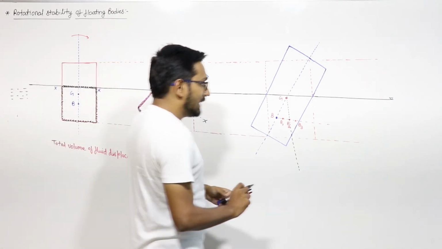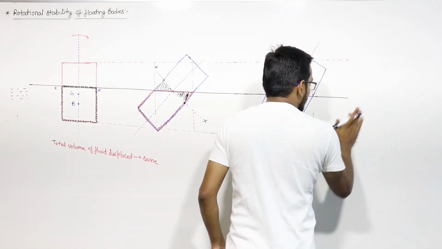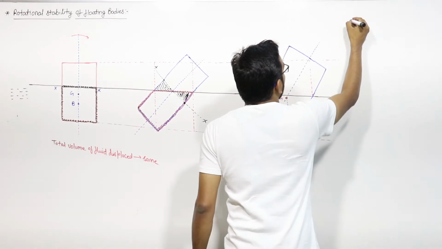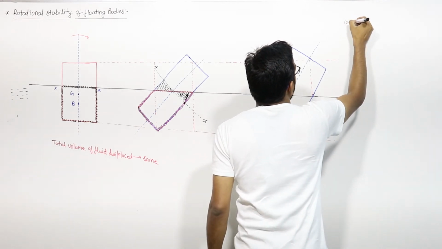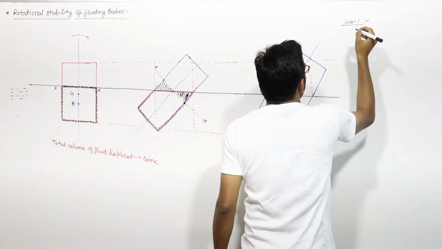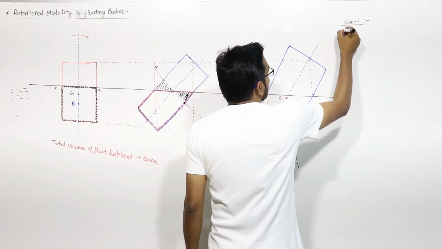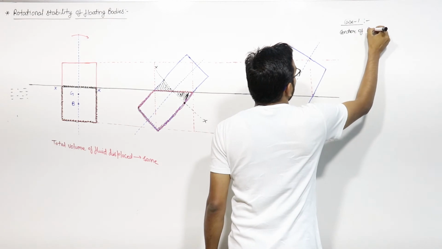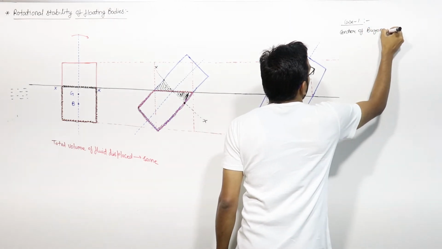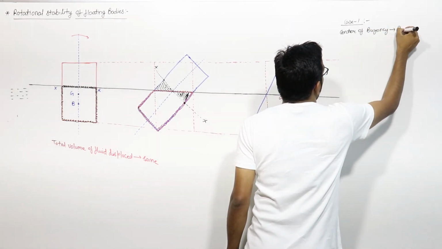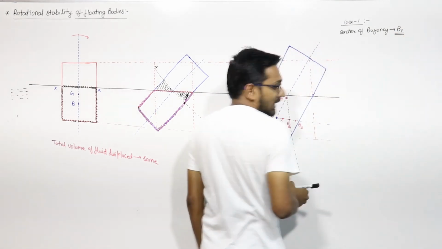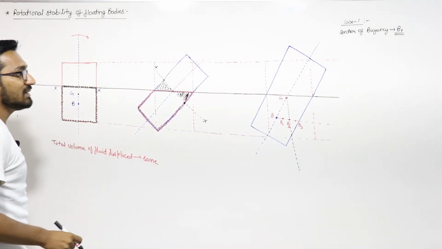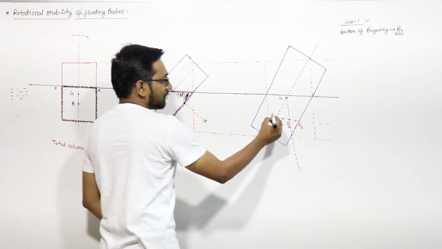Let us talk about case 1. Case 1 is when the center of buoyancy is at B1, at this place.